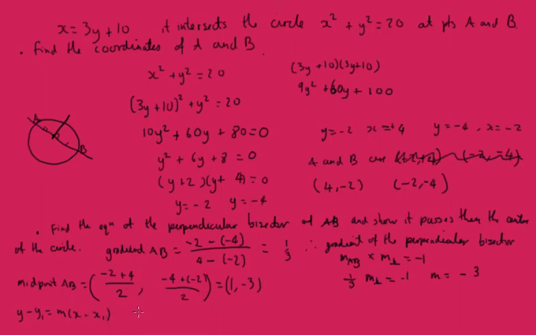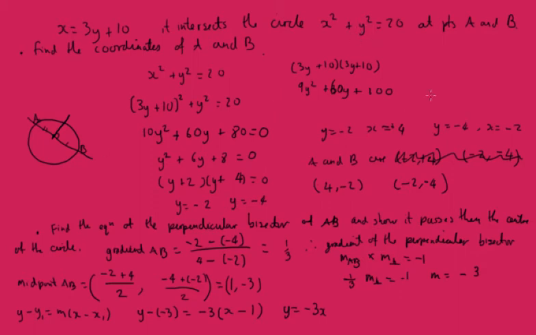So therefore we've got y minus -3 equals m, which is going to be -3, times x minus 1. So if we work all that out, we will get y equals -3x. Now, what is the centre of our circle?